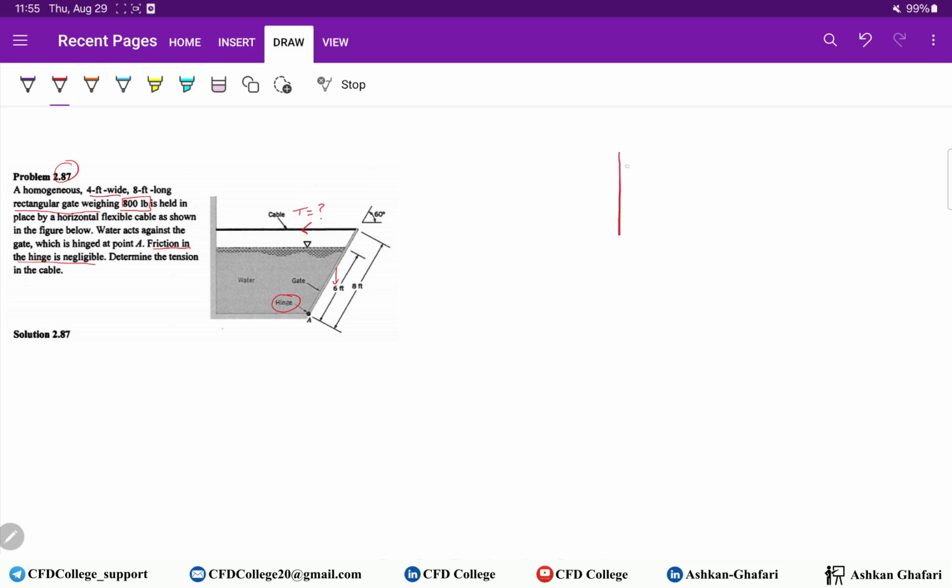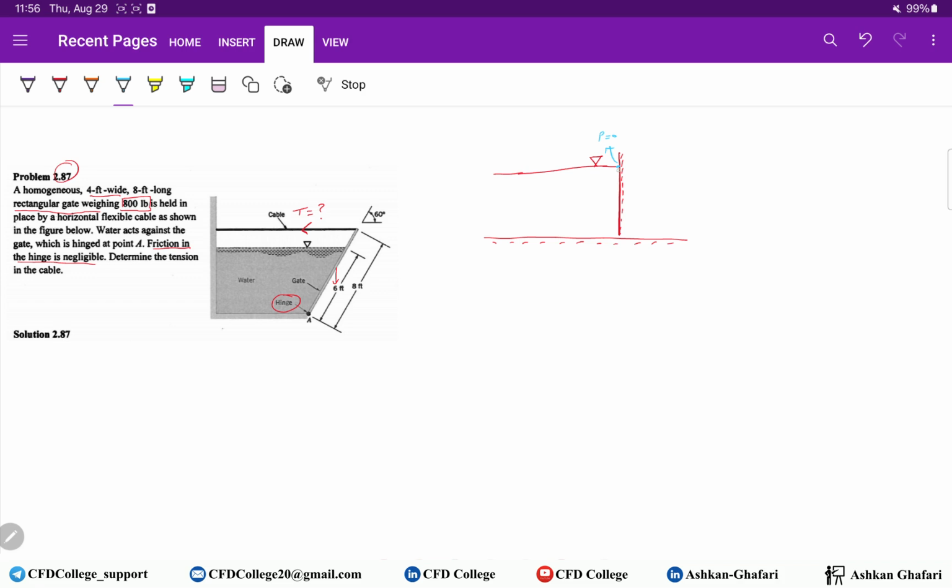Imagine this is a gate, and here we have water, and this is the ground. As you know, on the surface we have atmospheric pressure, so if we work with gauge pressure, the pressure is 0. At the bottom, due to the column of water, we have hydrostatic pressure.